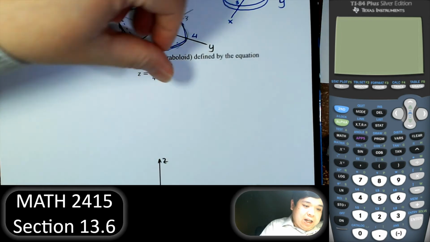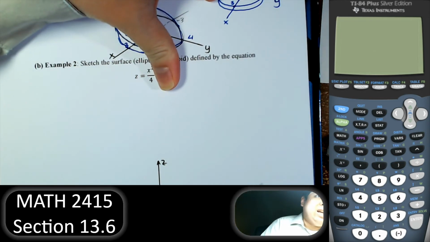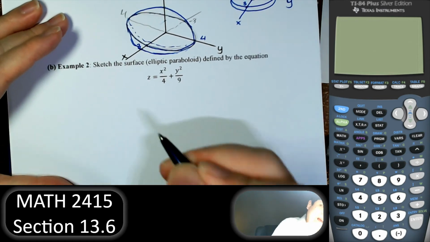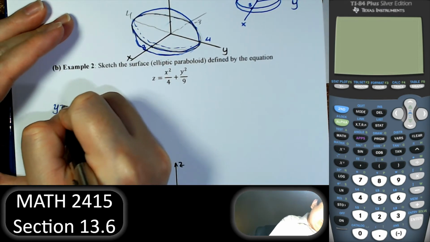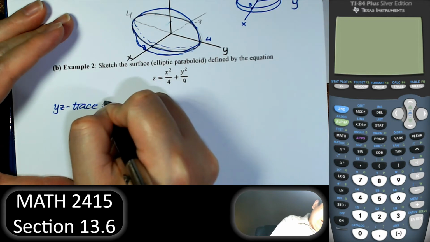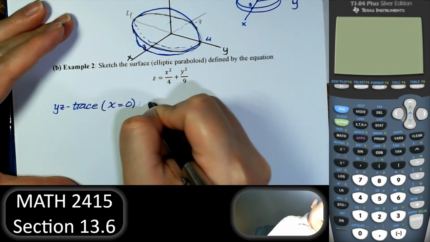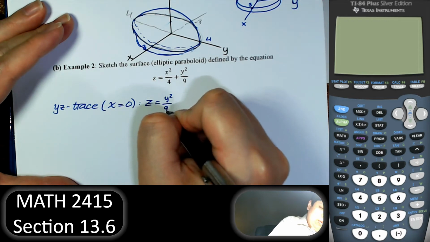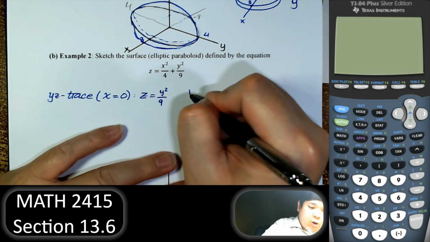Right. Let's look at when x equals 0 first. So x equals 0, we have the yz trace. So this is the parabola that opens up.